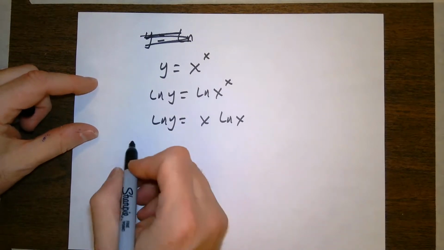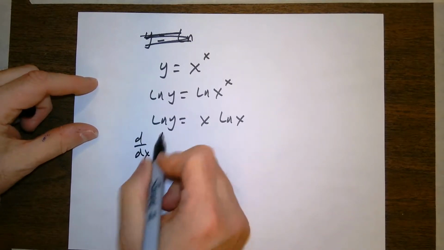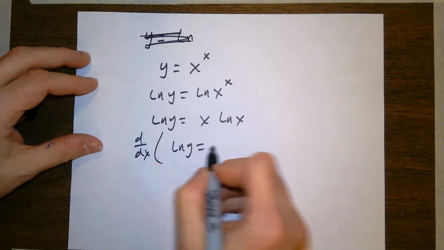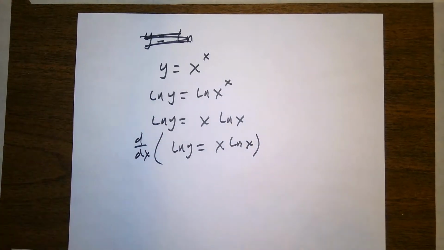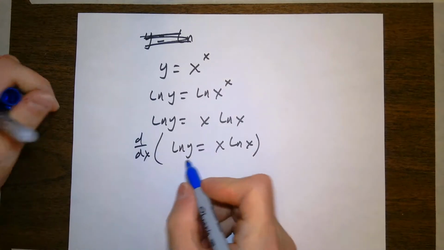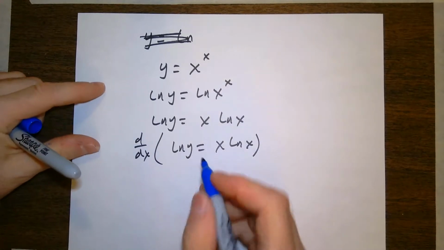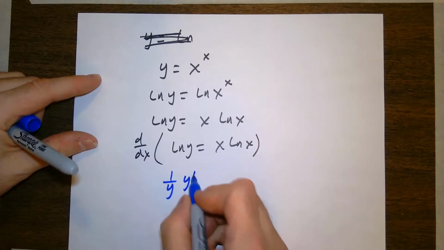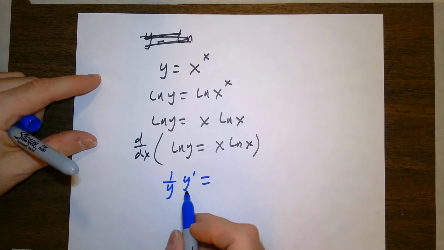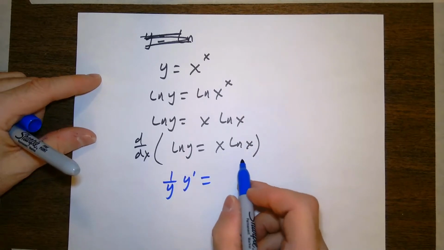When I take the derivative of the natural log of y, I'm going to get 1 over y times dy dx, which I'm writing as y prime now. Dy dx, y prime, it's the same thing.